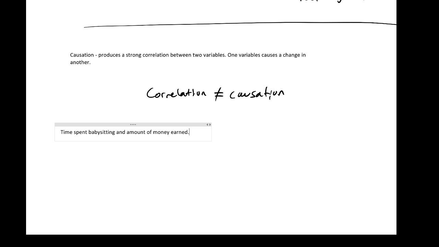So we're going to see if there is a correlation, and also is there a causal relationship, okay? Here, the answer is the following. There is actually positive correlation and a causal relationship.